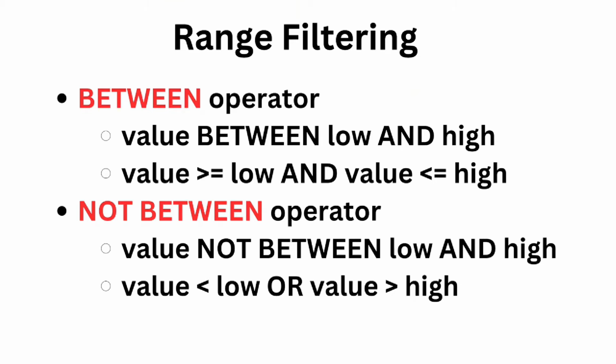You can also combine the BETWEEN keyword with the NOT logical operator, essentially asking where the value is not between low and high. And this is the same as asking value less than low or value greater than high. Note here that we are exclusive of the actual low point and high point. So for a NOT BETWEEN statement, if you're saying something like value not between 8 and 9, and a value happens to be 8, it's not going to be included.